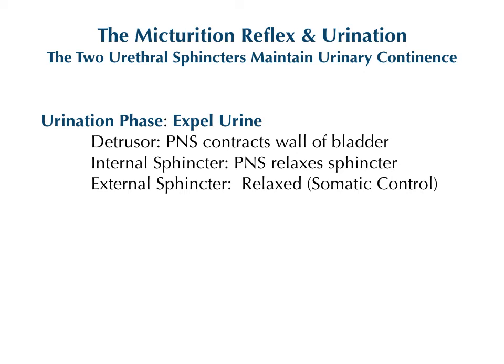The PNS also relaxes the internal sphincter, and the PNS works in conjunction here with the external sphincter, which is under voluntary control. So therefore, we have two relaxed or open sphincters and a contracting bladder wall so that urine can be ejected from the bladder through the urethra to the outside world.